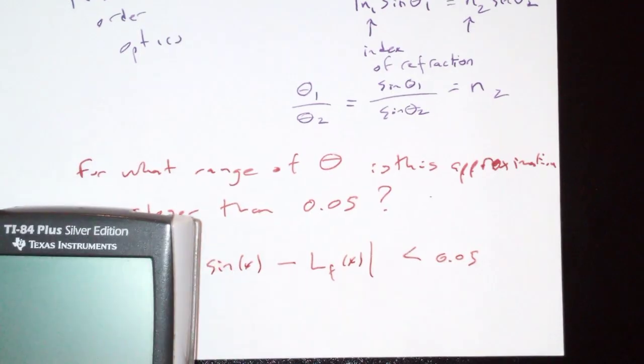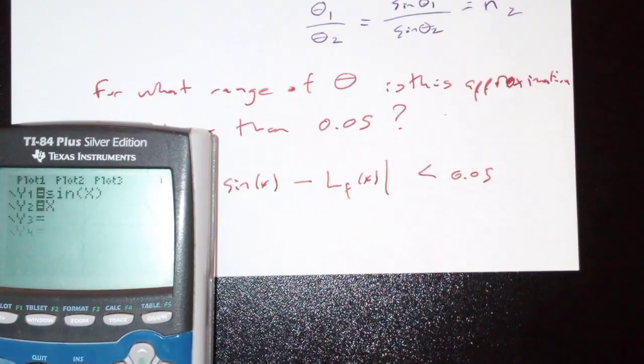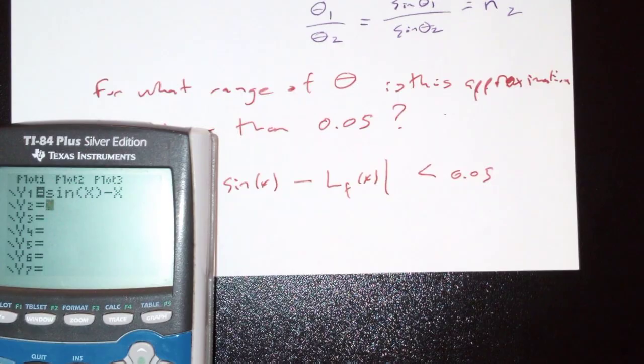But I can calculate that directly. What I'm going to do is I'm going to graph not these two functions, but their difference. And then I'm going to graph the epsilon and delta line at 0.05 and minus 0.05. And I'll see where we cross.